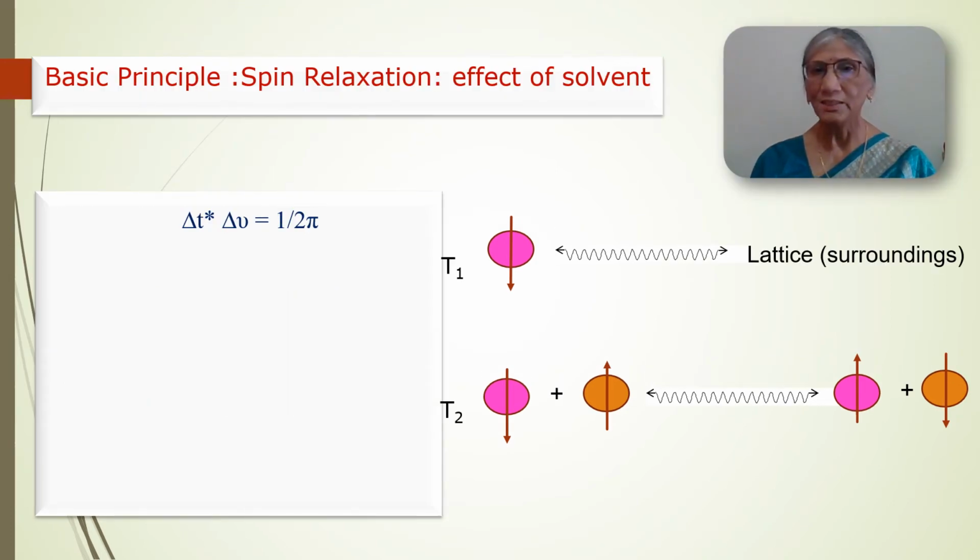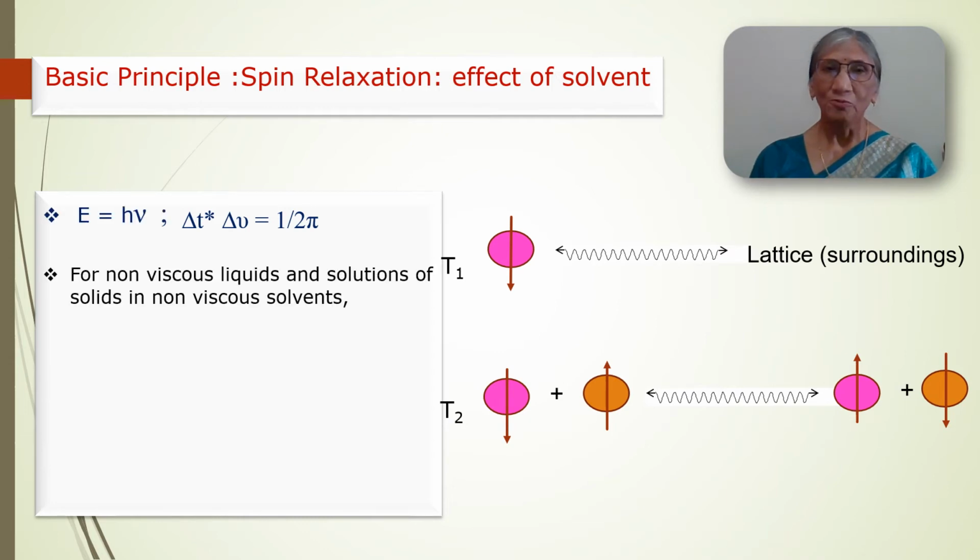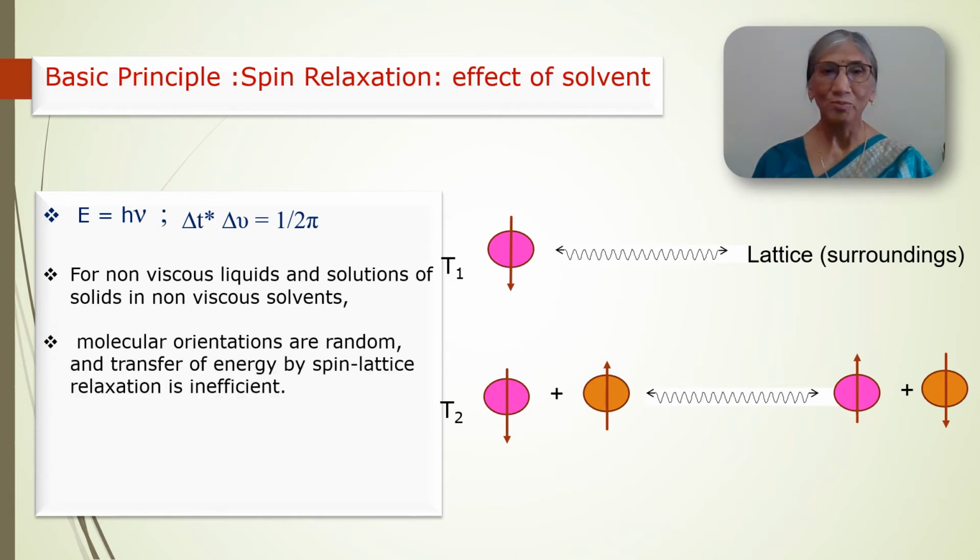The sharpness and the broadness of the signal also depend on the viscosity of the sample or the solvent used. If your sample is non-viscous and the solvent used is non-viscous, then T1, the spin lattice relaxation time, will be very large because there will be random orientation of the solvent molecules, and the signal seen will be very sharp.